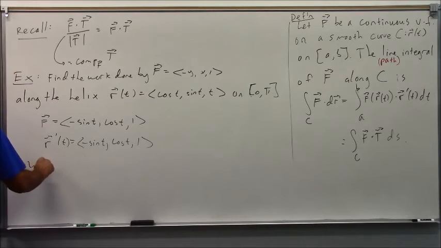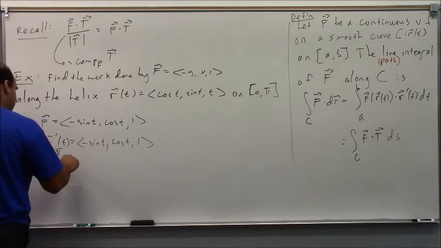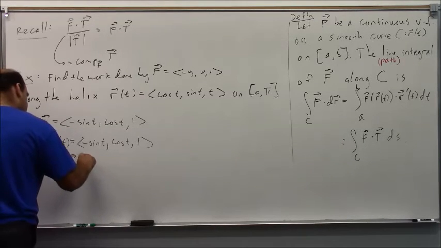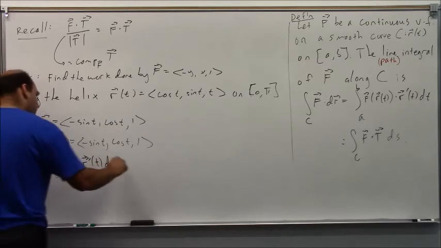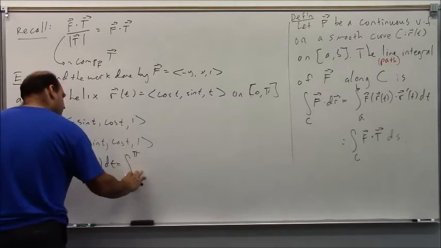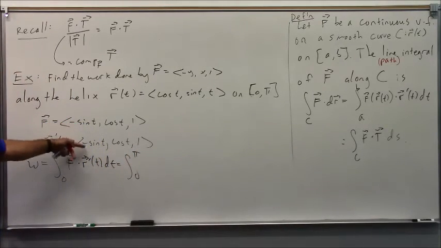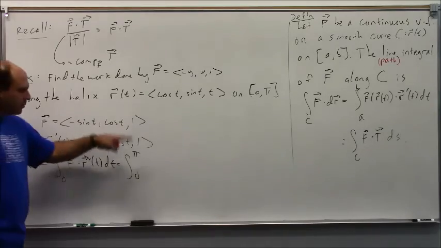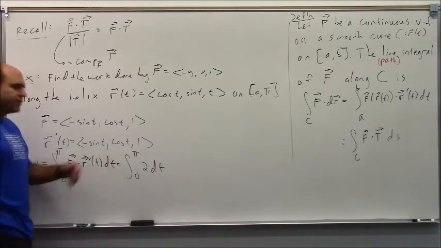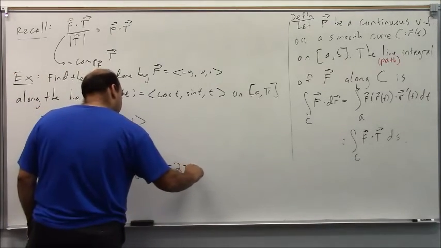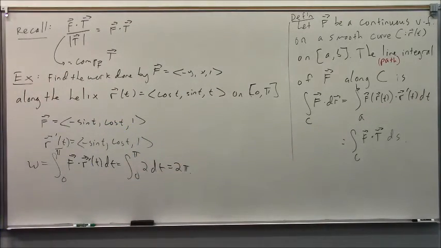And so the work done will be the path integral from 0 to pi of f dot r prime of t dt, which is the integral from 0 to pi of, when I take this dot product, I get a sine squared plus a cosine squared, that's 1, plus another 1, that's 2. And so this is turning into a trivial integral to do, which is 2 pi. Okay, but it's just f dot r prime. These are very easy to do.